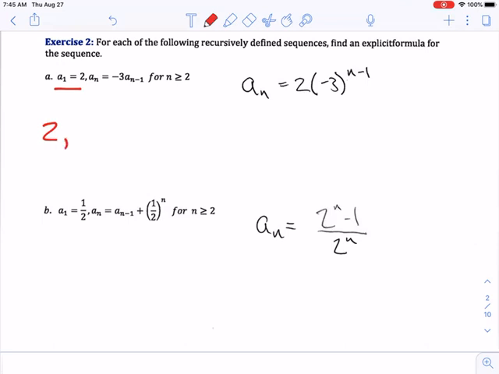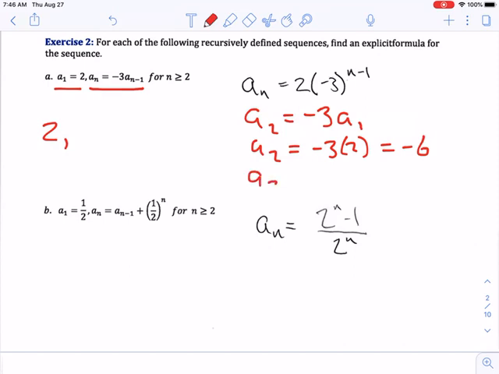Now the second term, a sub n, if n is equal to 2, so a sub 2 would be equal to negative 3 times a sub n minus 1, or negative 3 a sub 1. Well, a sub 1 is 2, so a sub 2 is negative 3 times 2, or negative 6.